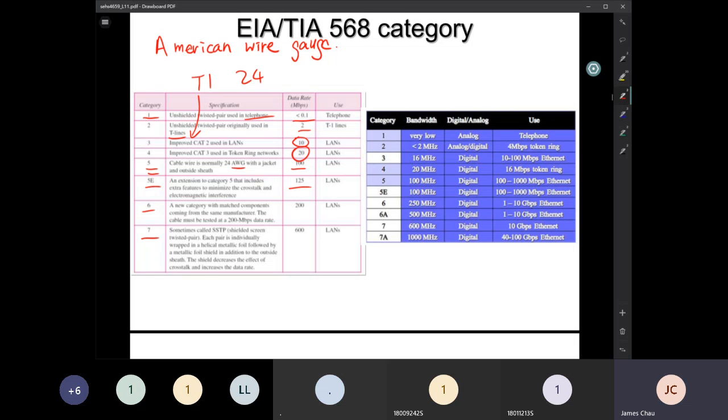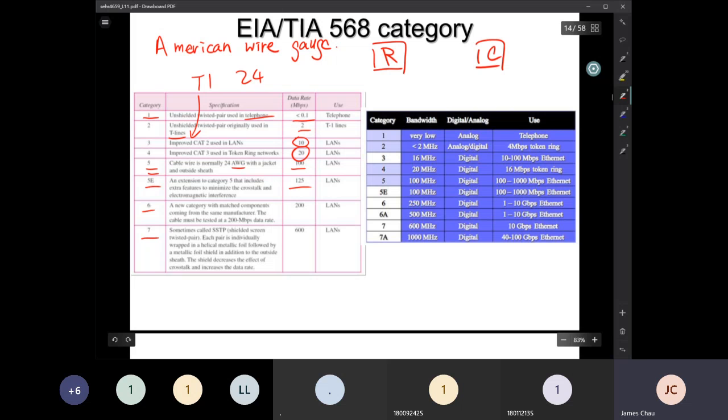Okay, 1G Ethernet. We should use a better cable in order to make our transmission better. Okay, and if you have experience connecting a cable to your router and your computer, now this is your router, this is your computer.